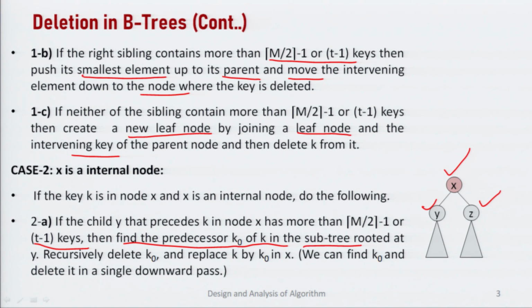So, suppose it is k'. We will recursively delete k' and replace k by k' in x. So, basically k will be deleted and k will be replaced by k'. K' is the immediate predecessor of key k which you want to delete, residing in the left subtree rooted at node y. So, this is how the B tree violation would be resolved.